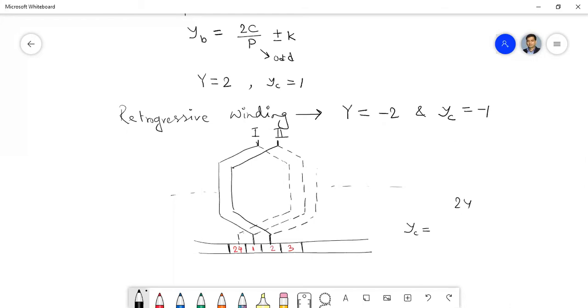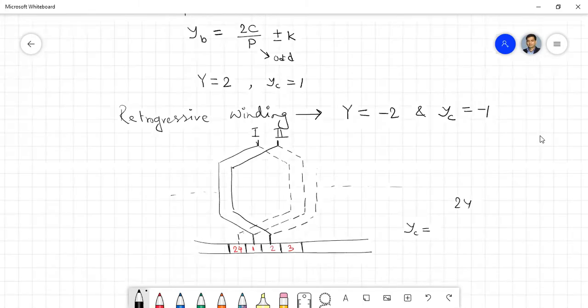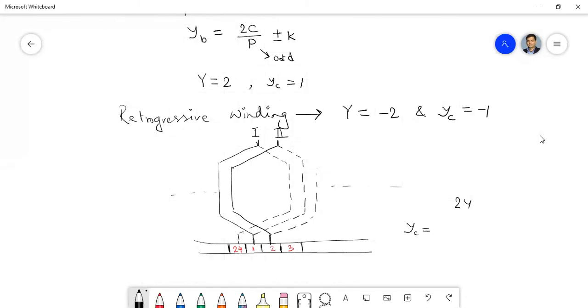Can we define this? How much commutator pitch are you getting now? Are we getting -1 or +1? Anybody?